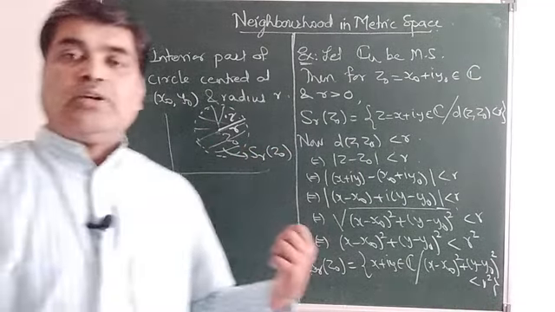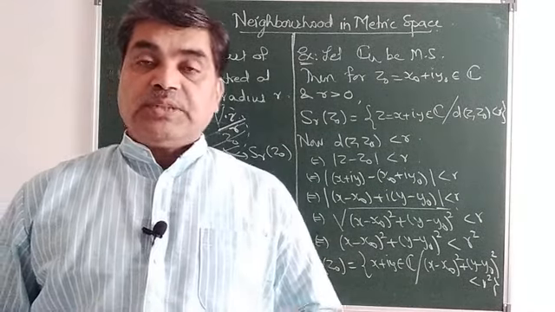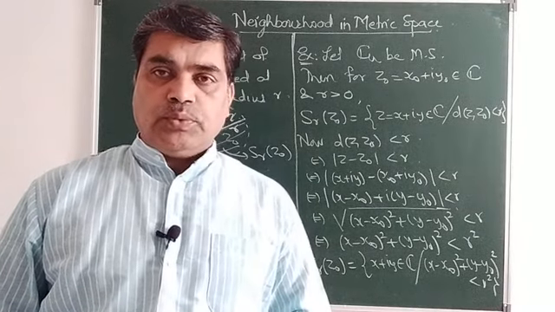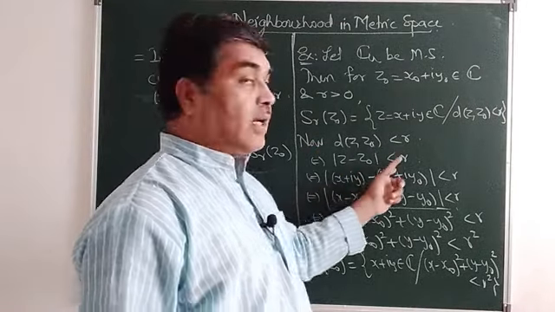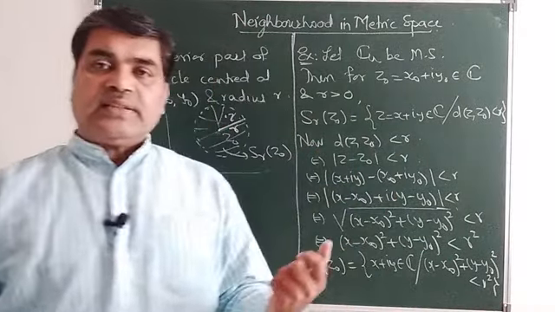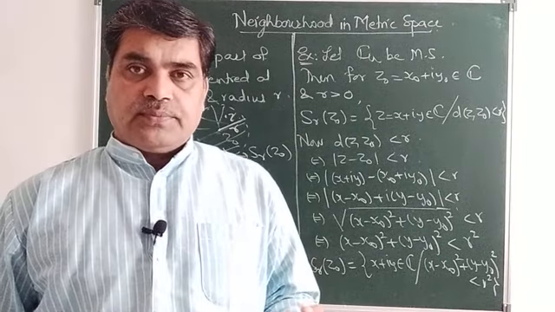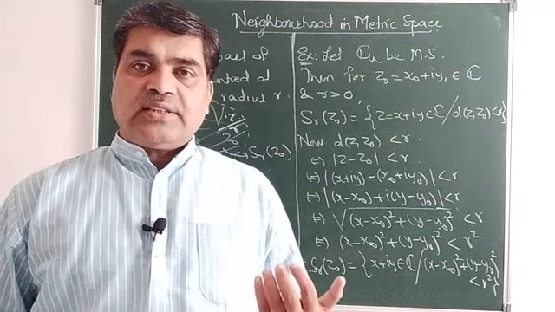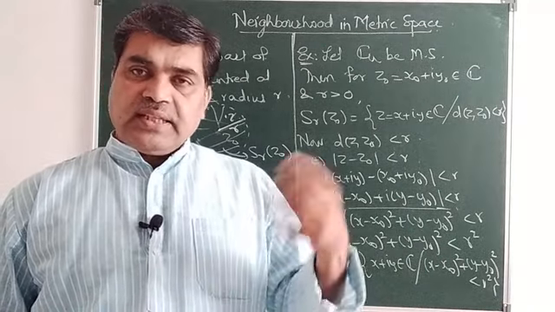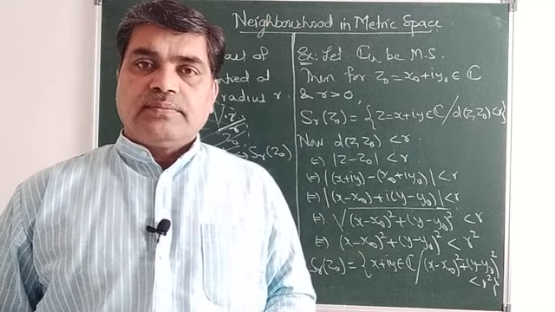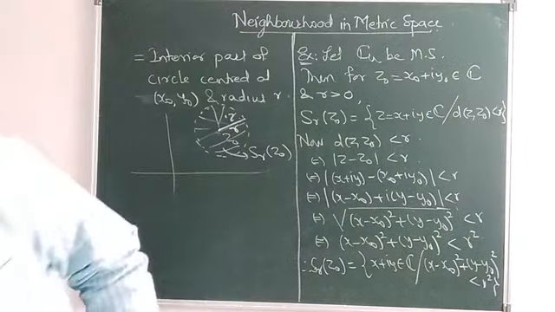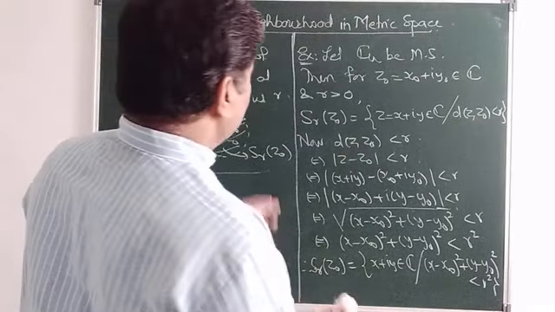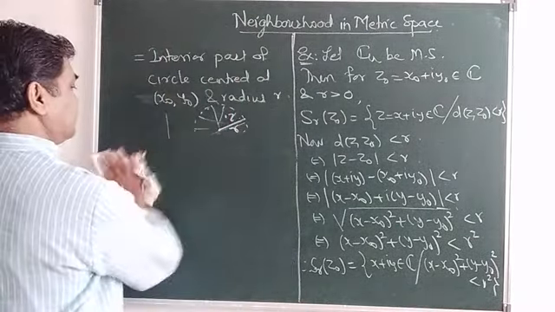In the Argand plane, or complex plane, with respect to the usual metric defined on C, we know that mod of z minus z naught equal to r represents a circle with center z naught and radius r. So mod of z minus z naught less than r represents the interior part of that circle. Is it clear? So this is nothing but the open sphere in the complex plane with respect to the usual metric.